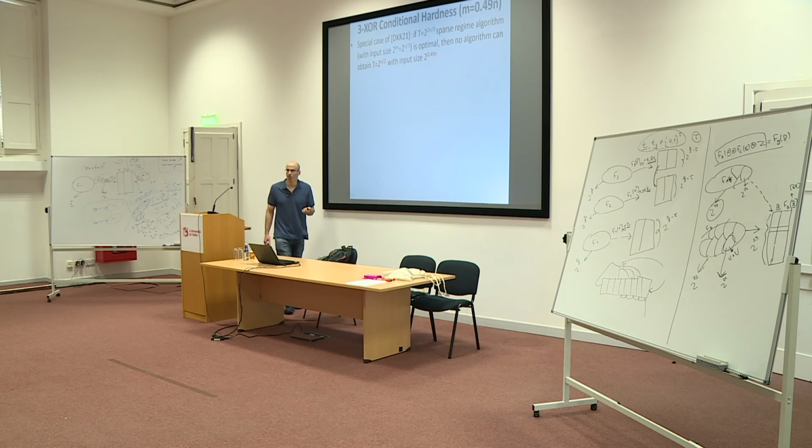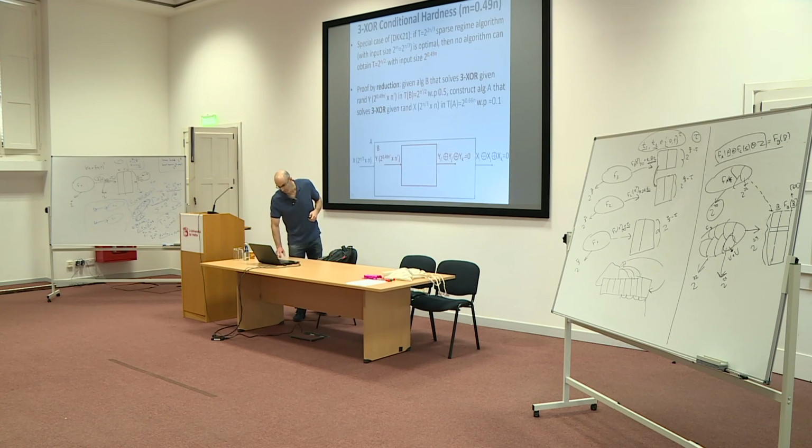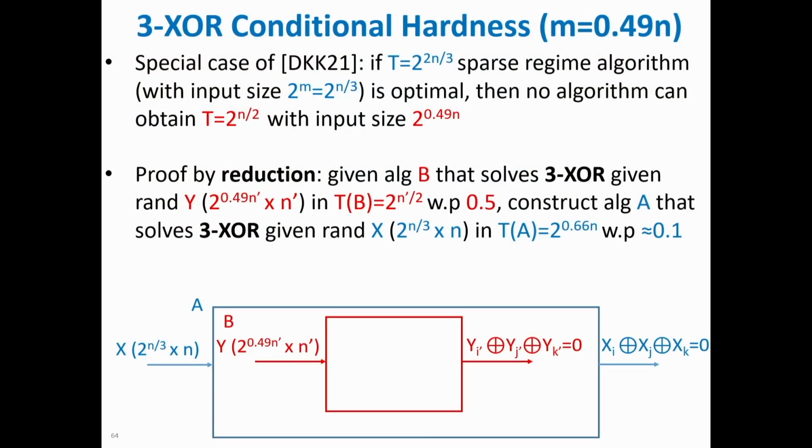This is quite dense. So how are we going to do it? We're going to do this by reduction. The proof is going to be by reduction. We're going to assume, for contradiction, that we have this algorithm in the dense regime, which gets a matrix Y of dimension 2 to the 0.49 n' times n'.